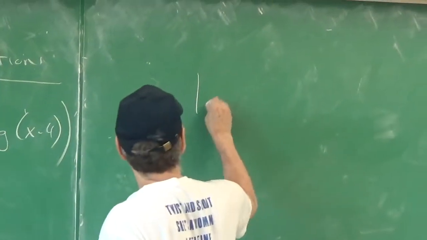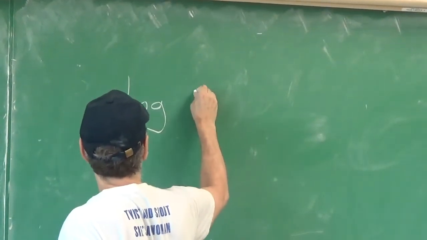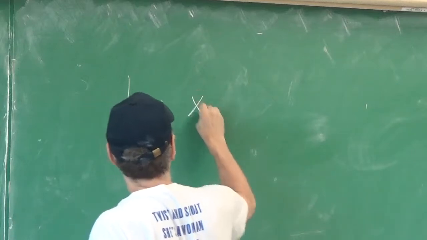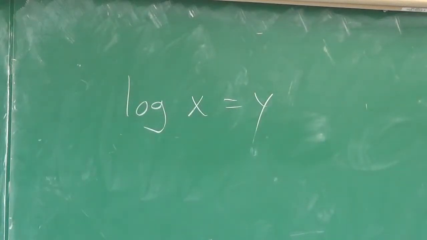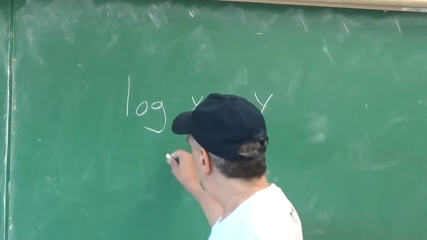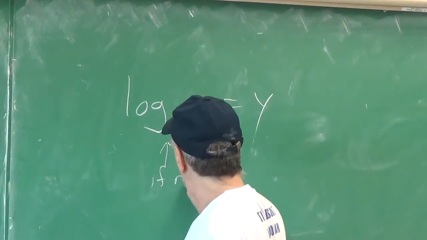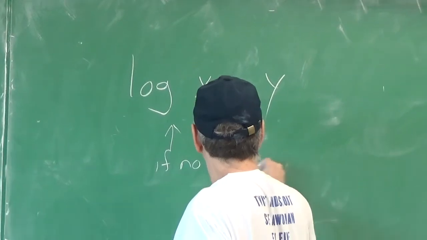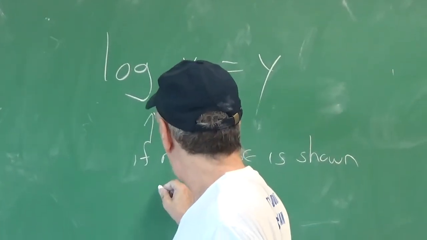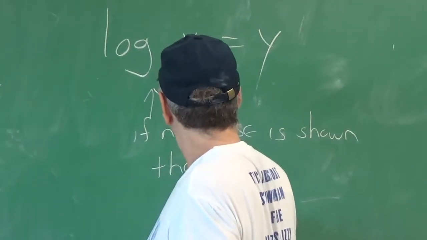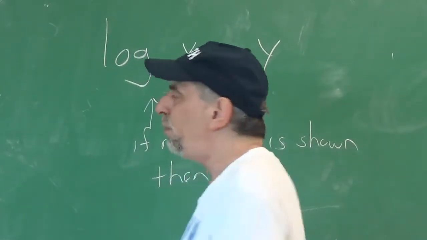is when we see something like this and you don't see a base written on the log, if no base is shown, then it's base 10. It's one of the more common bases. No base is shown, then b is 10, which is the LOG button on your calculator.